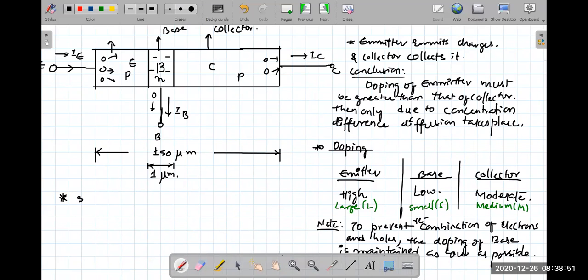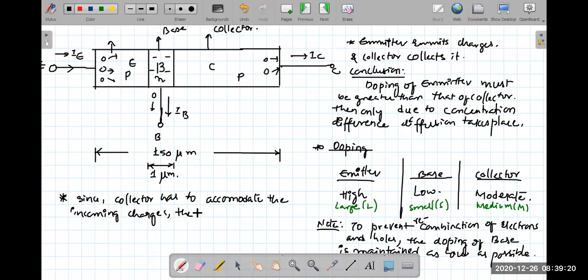Since the collector has to accommodate the incoming charges, the size of the collector must be large.